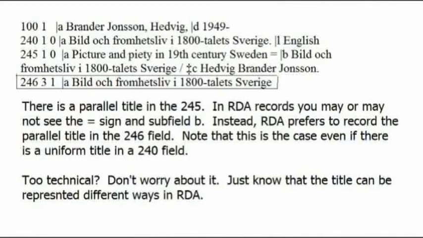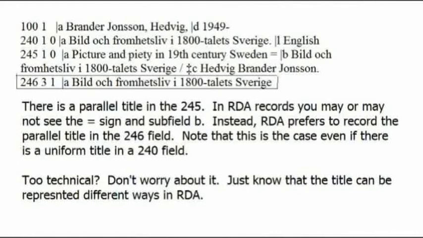However, seeing as listing a parallel title this way is often confusing for users and can interfere with searching and often does not reflect what is literally found on the resource, RDA discourages the inclusion of the parallel title in the 245. So, what does RDA prefer?